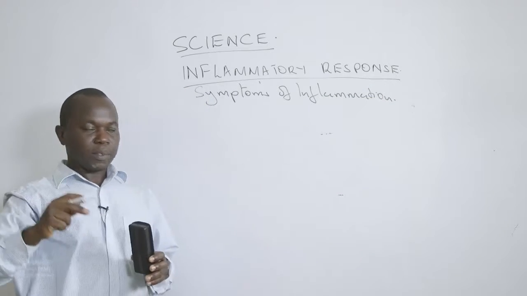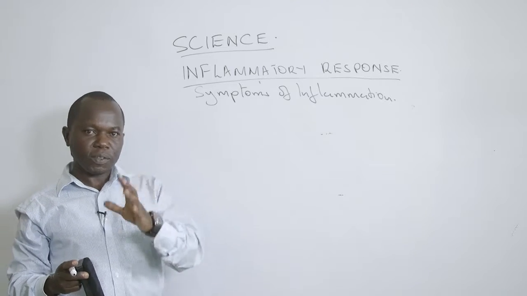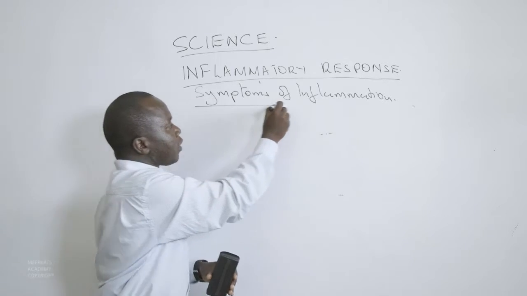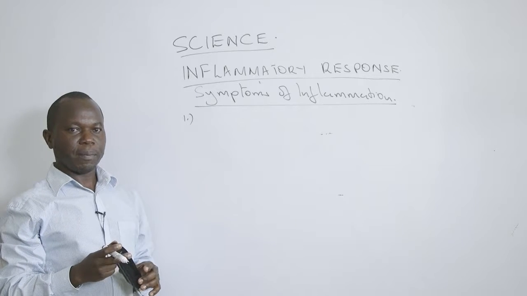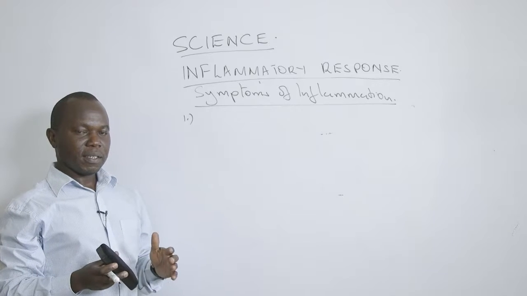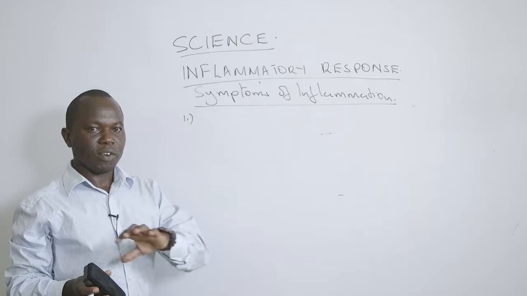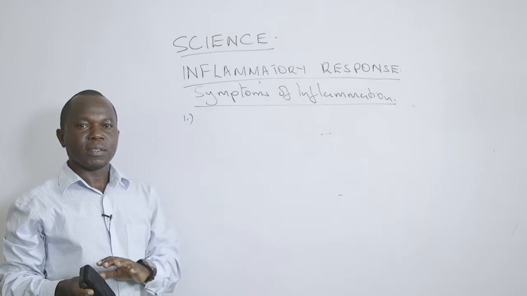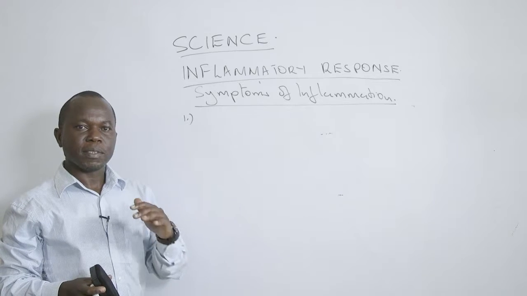So from the process that we have gone through together, it's very easy to outline the symptoms of inflammation. We have said vasodilation leads to more blood flowing to the tissue or cells, and in the process the area becomes red.